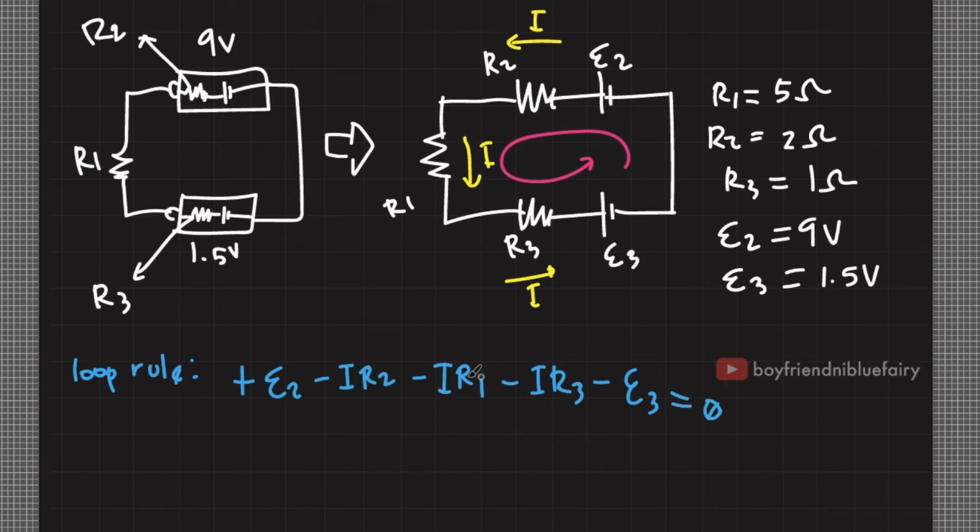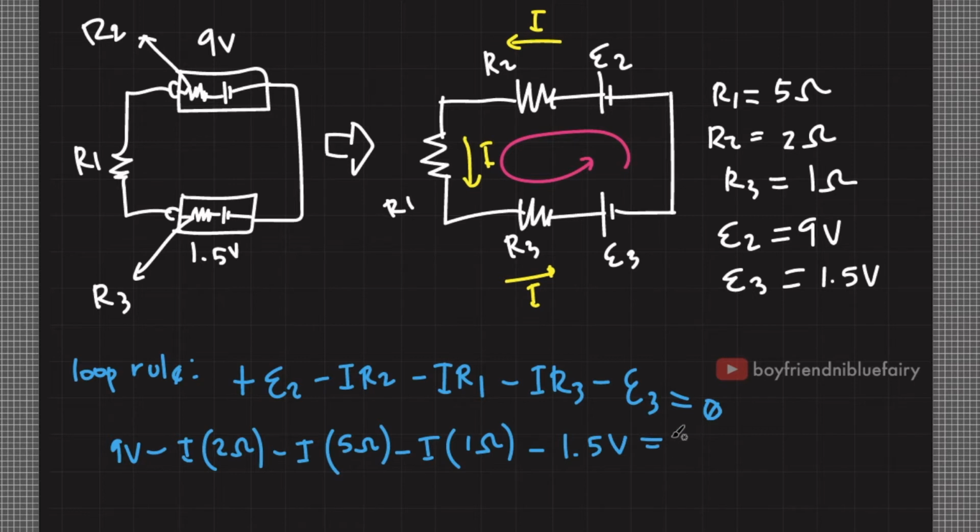So I'll just plug in the values. Remember that E sub 2 is 9 volts, minus I times R sub 2, which is 2 ohms, minus I times R sub 1, which is 5 ohms, minus I times R sub 3, which is 1 ohm, minus E sub 3, which is 1.5 volts, equals 0.